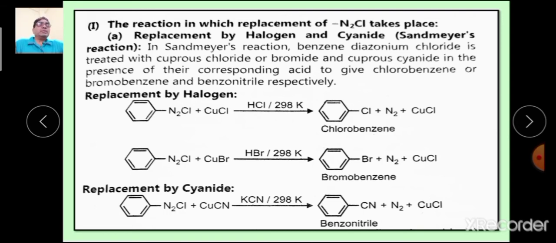Now, the reaction is carried out in the presence of their corresponding acids.